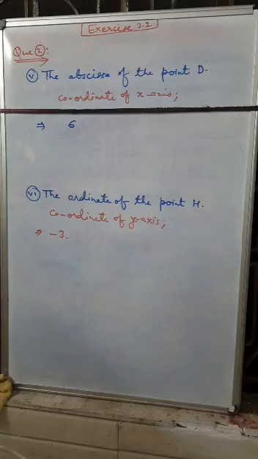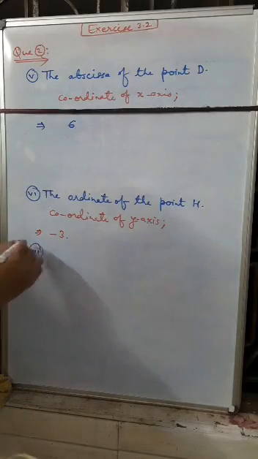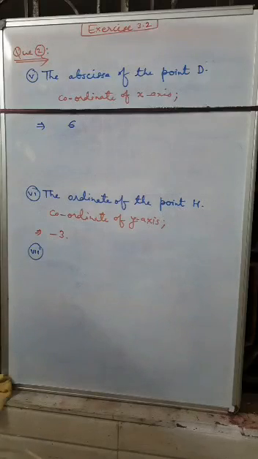Now seventh one. So problem number 7, you are looking here. The coordinate of point L. So L is on the y axis. So on y axis, the coordinate of x will be 0. So L is situated at point 5 on y axis.